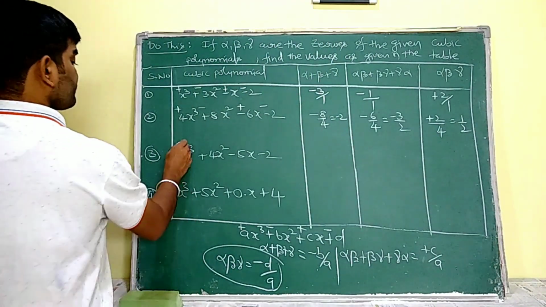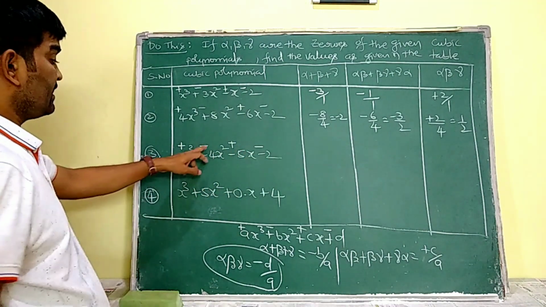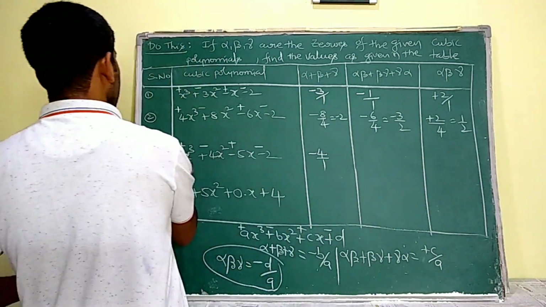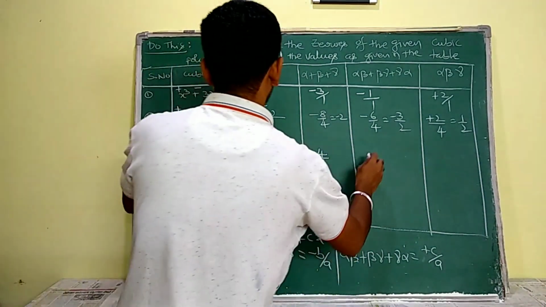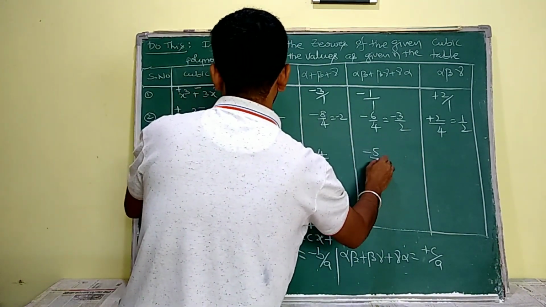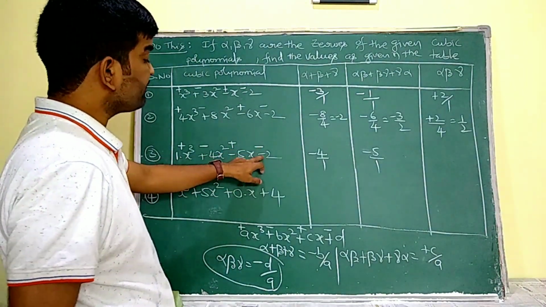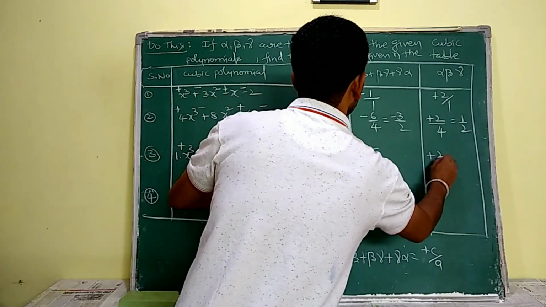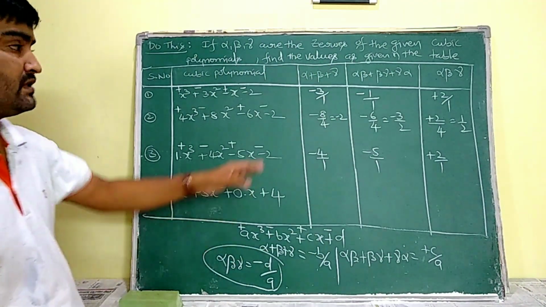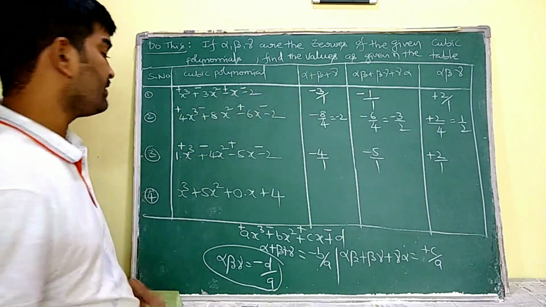Now here plus minus we have to write. Minus into plus minus 4 by 1. Why? Because 1 is there, no? Now the sum of product of two zeros, plus into minus 5 by 1. Now minus of minus plus 2 by 1. These are the given sum of zeros, sum of product of two zeros and product of zeros.